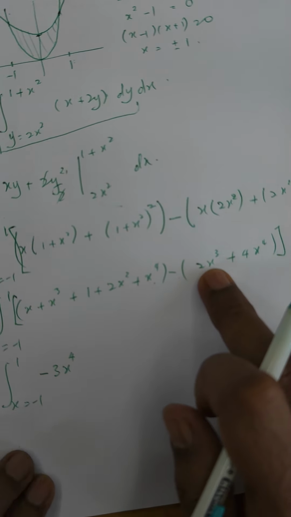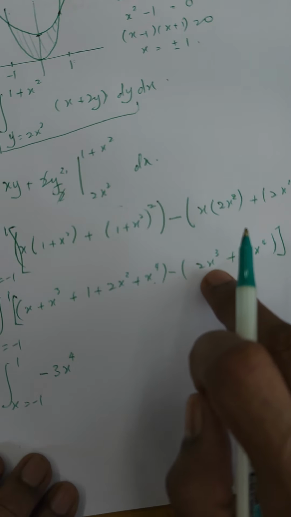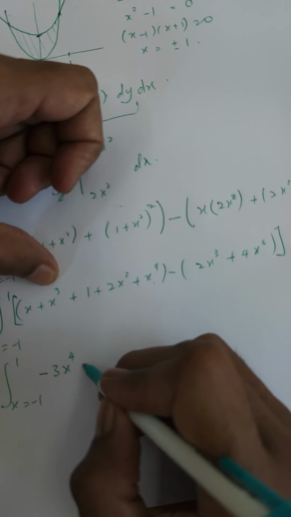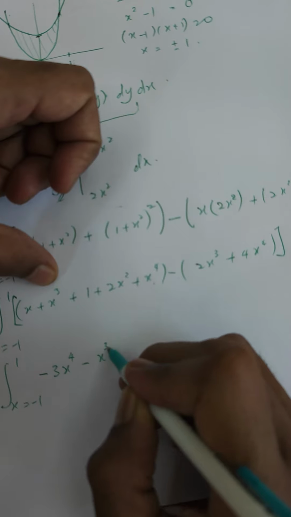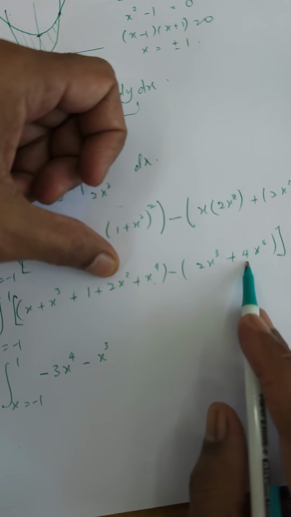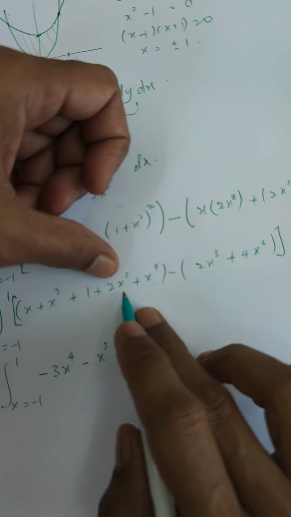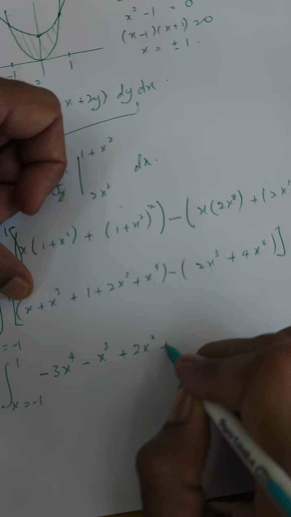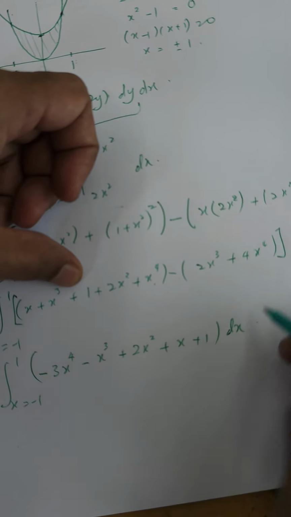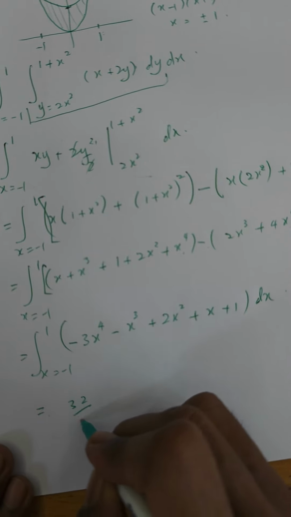For x cubed, we have 2x cubed minus 2x cubed here, and 1 x cubed, so you have minus x cubed. Then for x squared, we have 1 here, so this is plus 2x squared, and then plus x, and then plus 1, dx. Then you can evaluate this with respect to x, and that gives you 32 over 15.